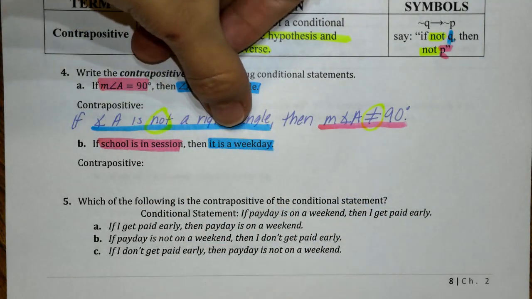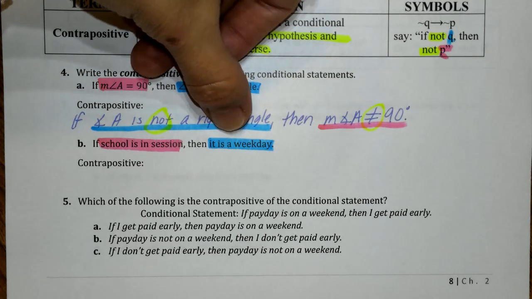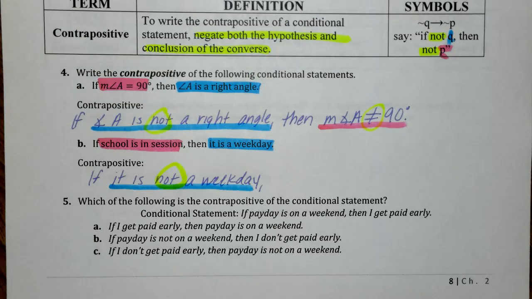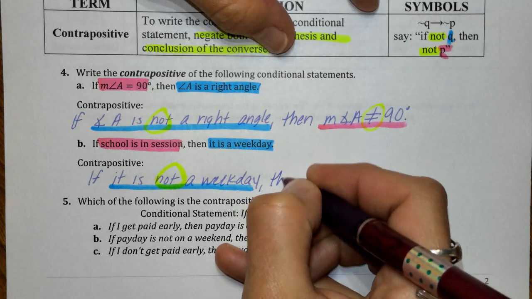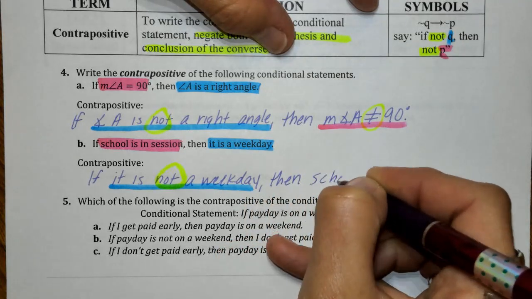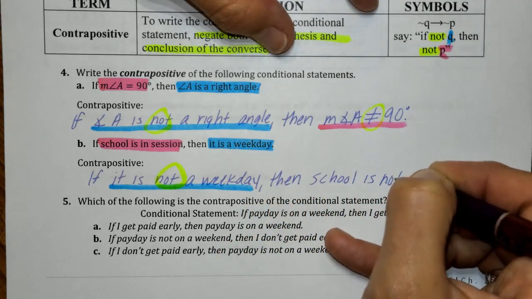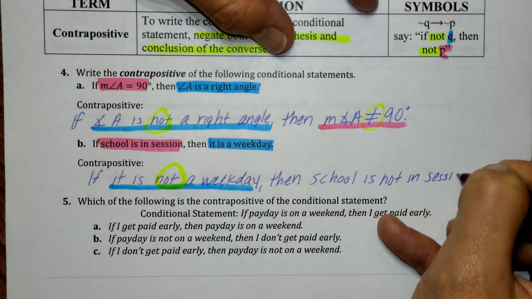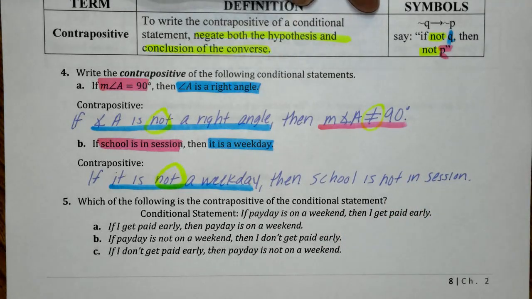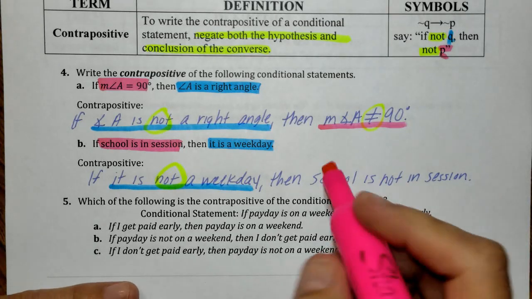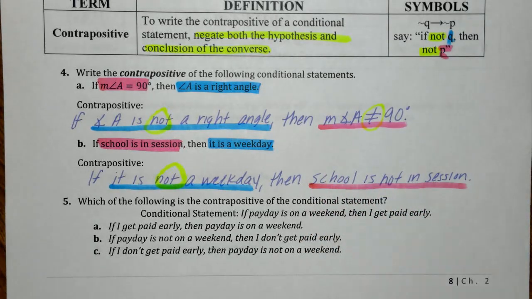So we're going to start off with if it is not a weekday, and we take our original hypothesis, school is in session, and change it to the opposite, school is not in session, and we put it after the then. Make sure that we have our comma between to be grammatically correct. There's our negation.